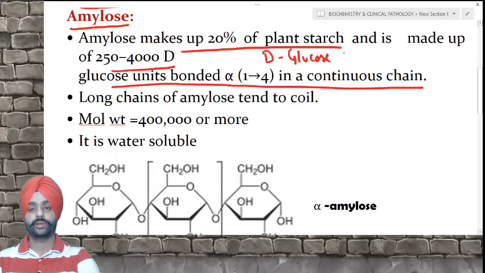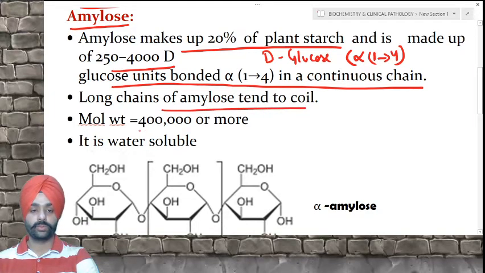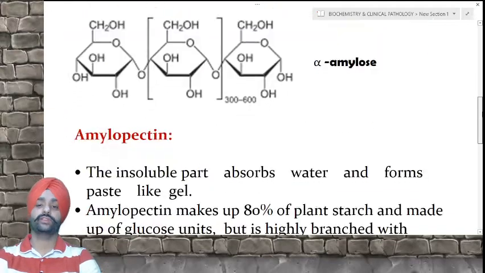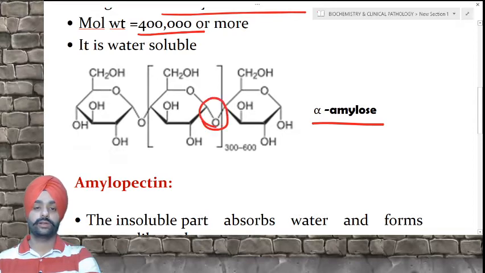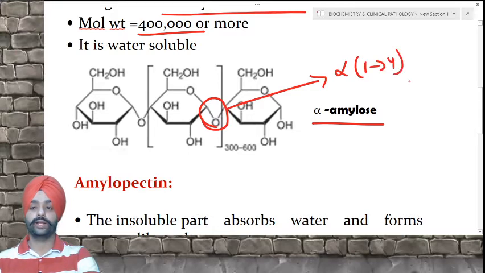Long chains of amylose tend to coil, have a molecular weight of more than 4 lakh Daltons, and it is the water soluble component of starch. Otherwise, we know that starch is an insoluble compound. See here, this is an alpha 1,4 glycosidic linkage.